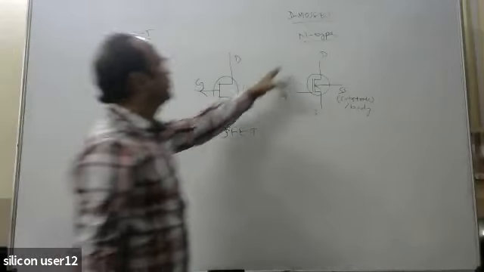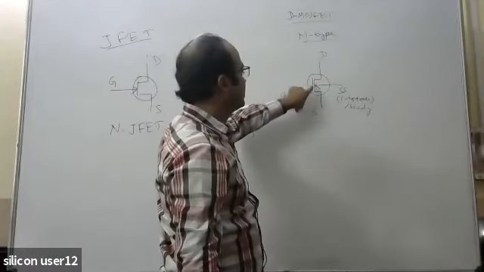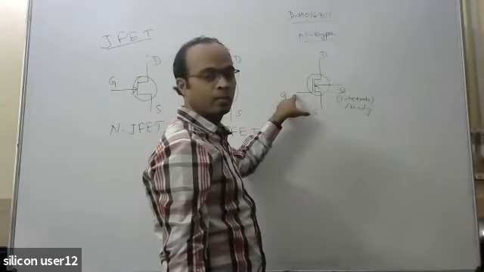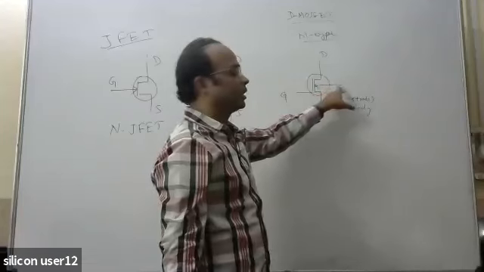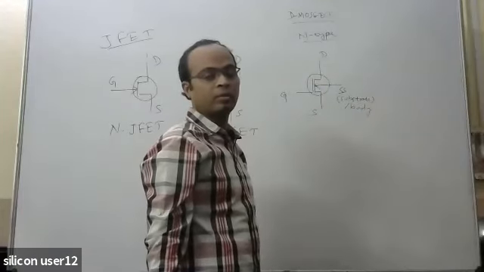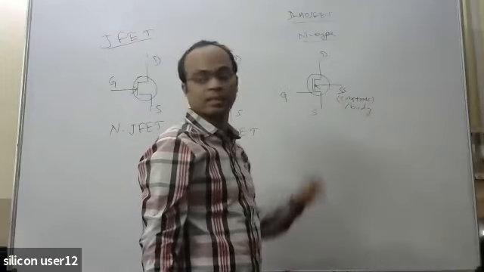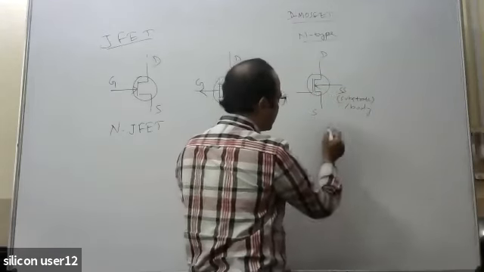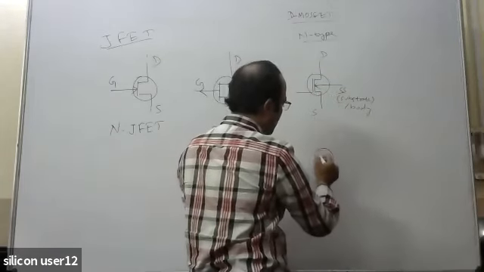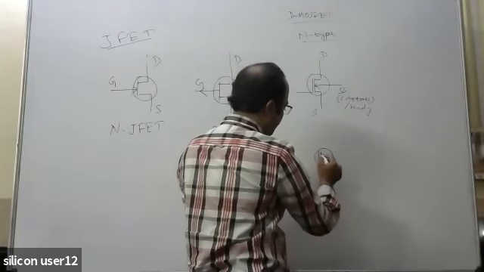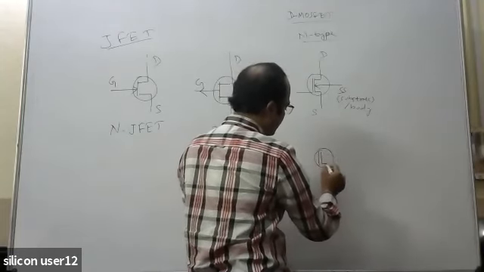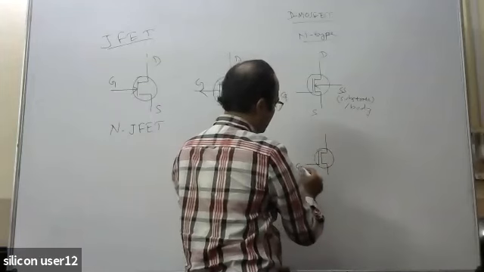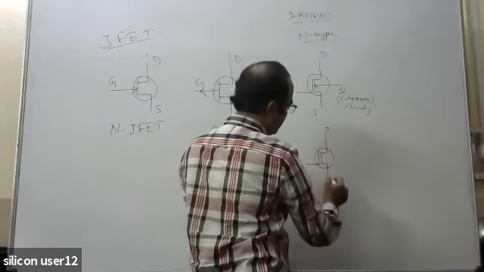Now in the case of your D MOSFET, first you will see there are two lines, and this one is drain, source, gate. Here you have another terminal, that is the substrate, or body, in short written as SS. The same thing is also drawn in another way: gate, drain, source.